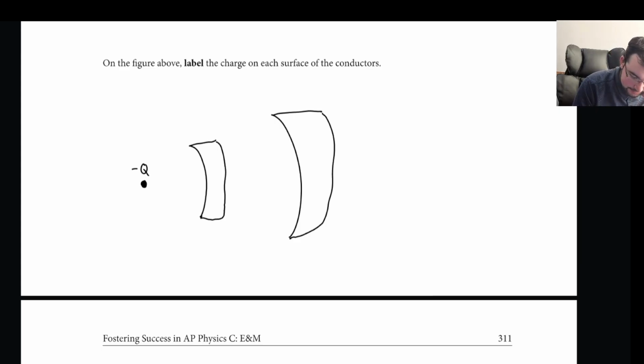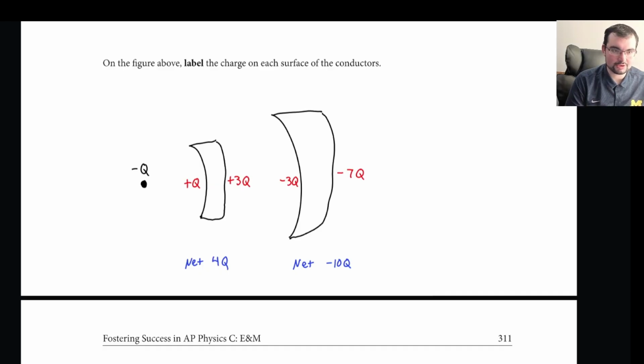So we said that this shell had a net charge of 4Q, and this shell had a net of negative 10Q. So when we worked it out, we said this canceled, and this was 3. This canceled, and this was negative 7. So this is how we said our charges were going to distribute in this problem. And again, assume these shells are just wrapping all the way around. That's just how I wanted to visualize it without having to draw the full spheres.